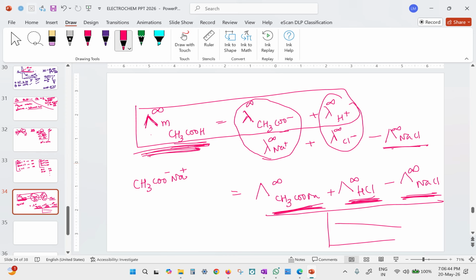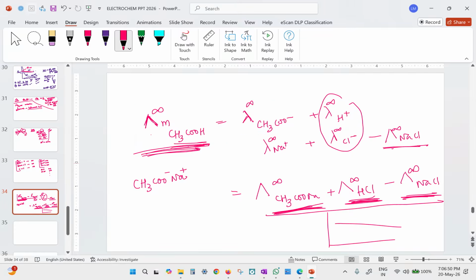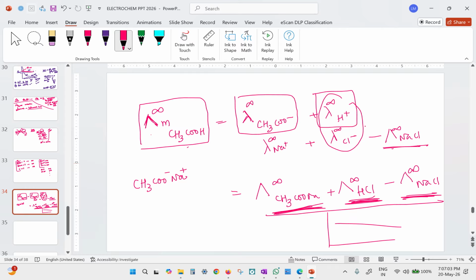Yes, ma'am. This is the use of Kohlrausch's law. The Kohlrausch's law of independent ion migration says that the molar conductivity of an electrolyte is the sum of the molar conductivity of the constituent ions, irrespective of their surroundings.